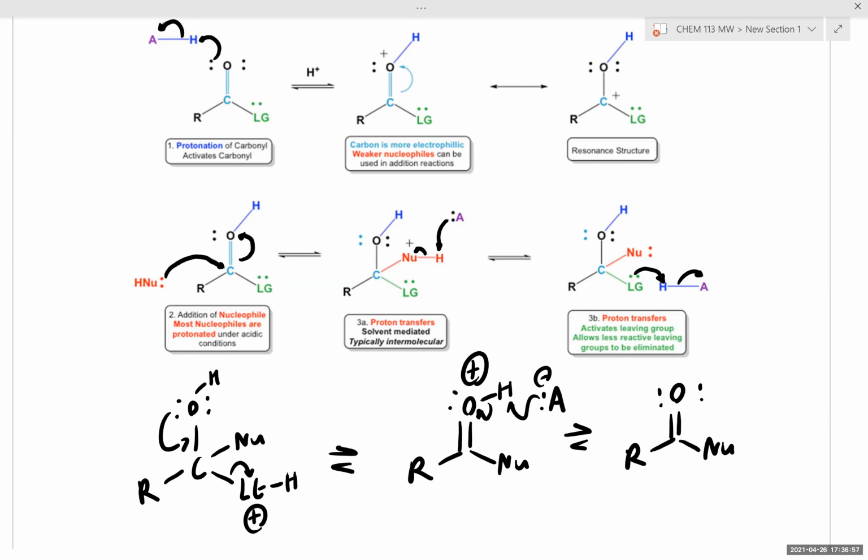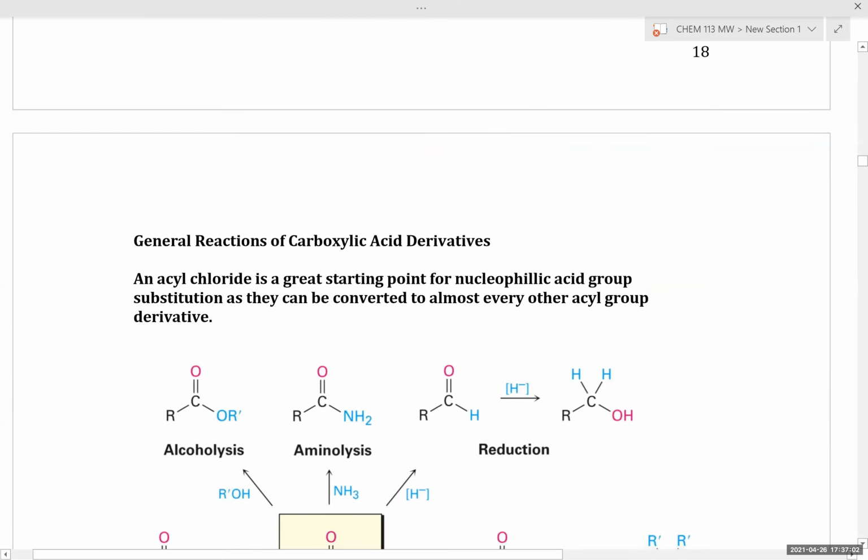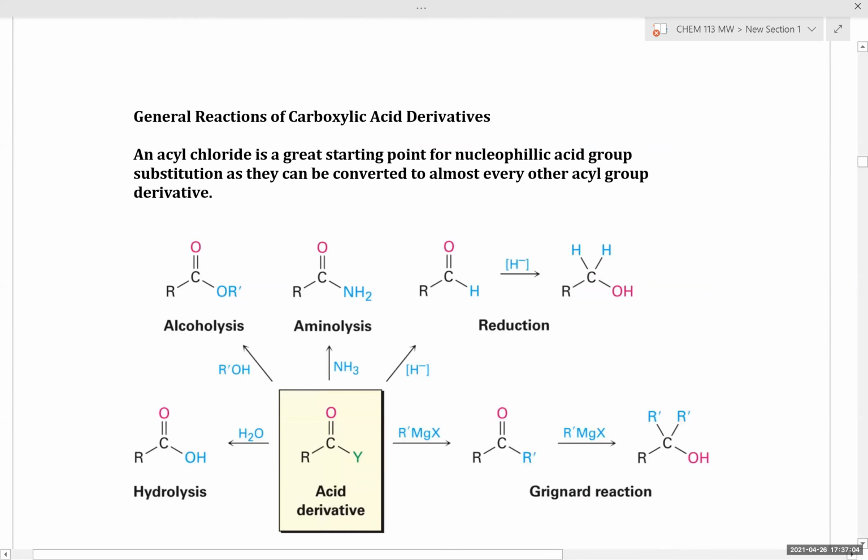Okay, so let's talk a little bit about general reactions of carboxylic acid derivatives, and let's talk about probably the most easily diversified carboxylic acid derivative, which is the acyl chloride or acid chloride.